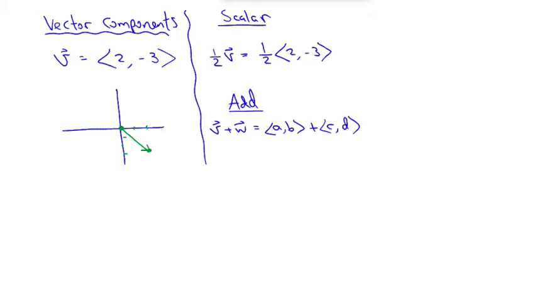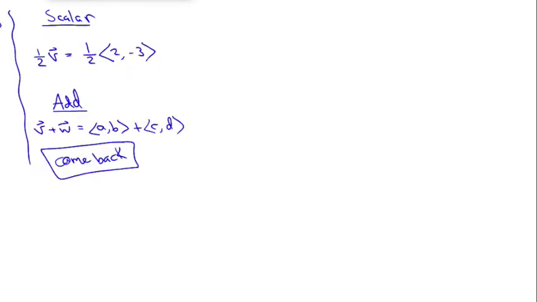So there's one more huge piece to this whole puzzle. And it is this. We'll come back to this. We need something else to allow us to add vectors, scalar multiply, and eventually something else.